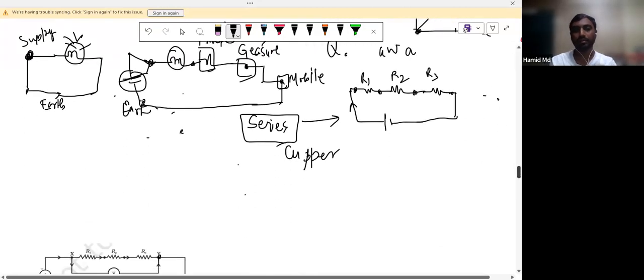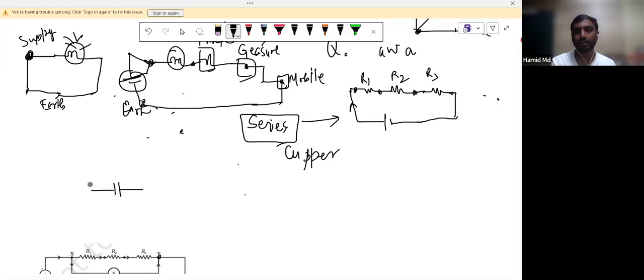So parallel is like this. This is the battery. We connect one apparatus like that, and another apparatus we connect again through these two terminals of the battery. And again we connect another.